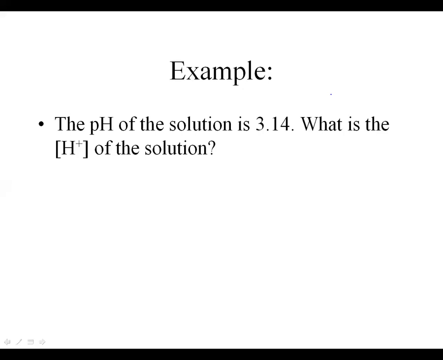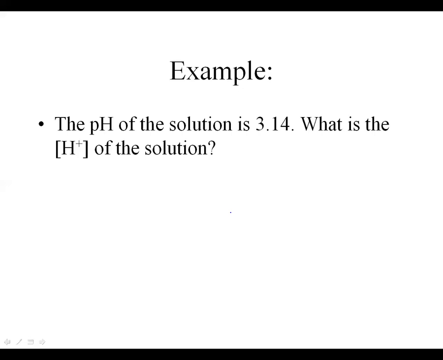All right, so in this particular case here, we're actually given the pH. And as we talked about earlier, if you're given the pH, you could get directly from it the H plus concentration. It actually tells you in the name, pH will give you the H plus. So the H plus concentration will equal the inverse log of the minus pH.